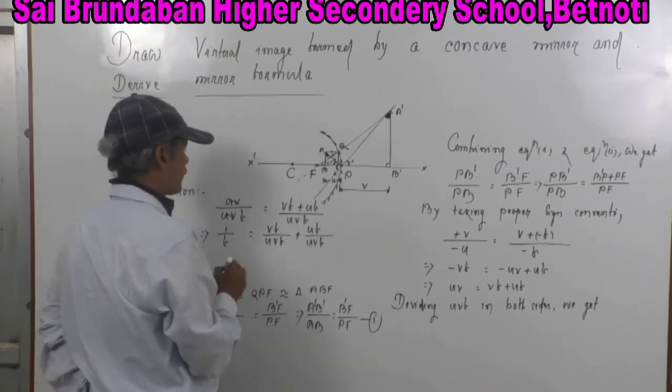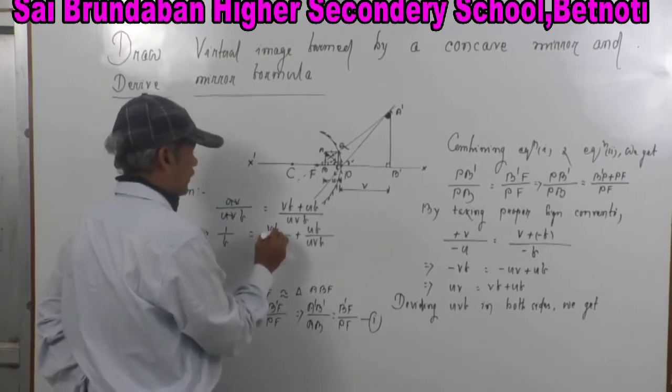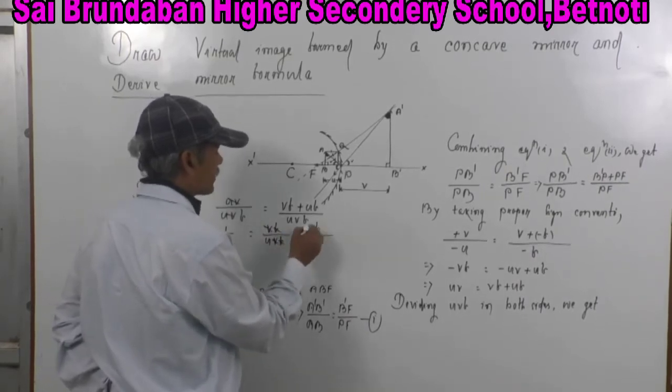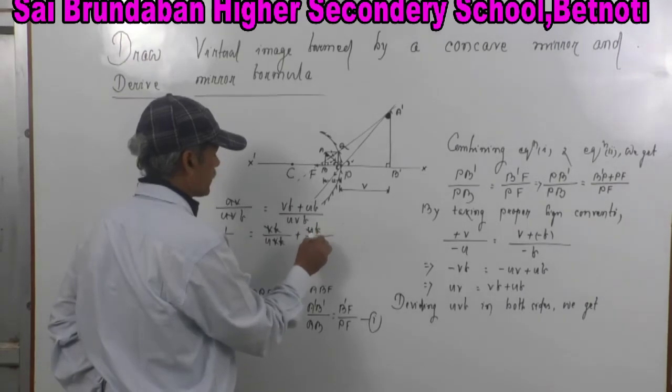So now V cancels, F cancels; here U cancels, F cancels.